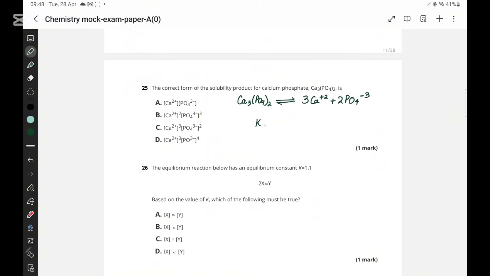If we want to find the solubility product, only the products will be there, because that is the solubility product. So calcium 2+ raised to 3 here because there are 3 moles, times phosphate PO4 3-, there will be 2 at the top. So our answer is going to be C.